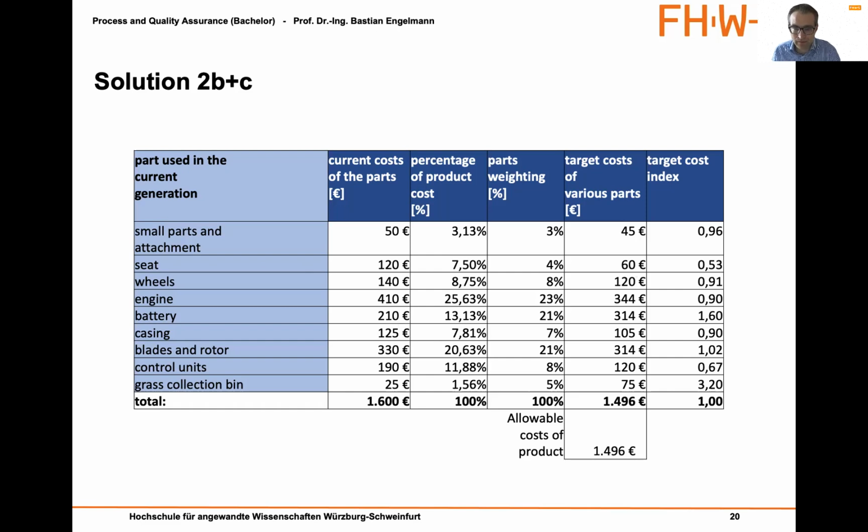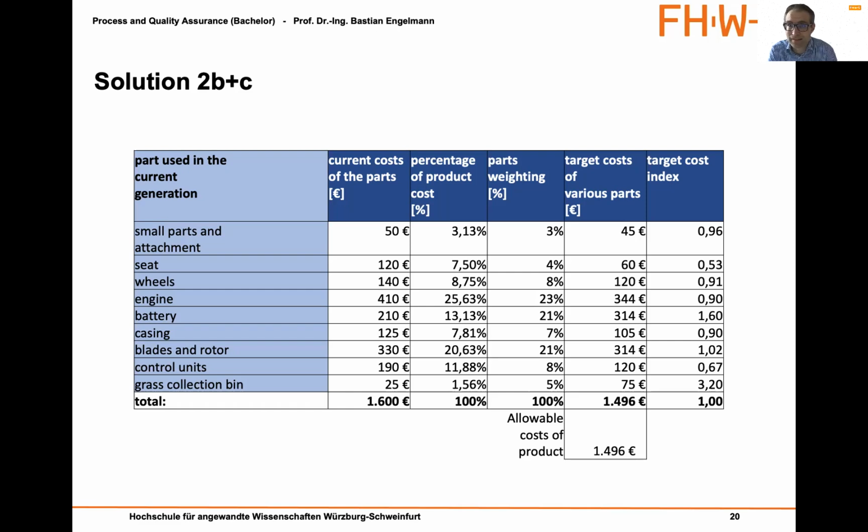And if we look through the rows, then for the battery we see an interesting thing. Here we have at the moment 210 euro, but with respect to the importance for the customer, we could have 314 euro.